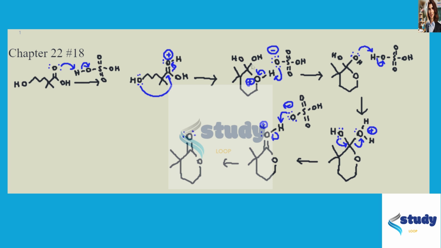Then the tetrahedral intermediate will close down, and the best leaving group will be kicked out, and then the newly formed carbonyl oxygen will be deprotonated to reform your carbonyl. That's how most of these carboxylic acid derivative reactions work, and that's certainly the way that this one works. And that's the answer to Chapter 22, problem number 18.